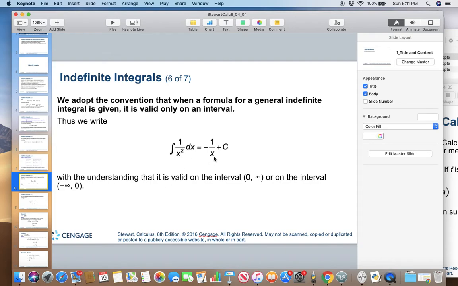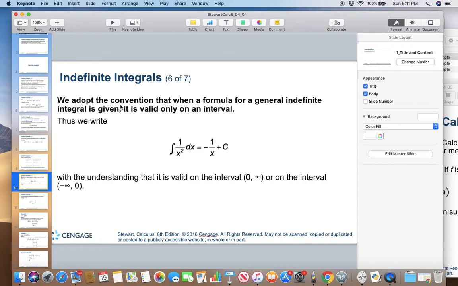Because 0 is not a valid input for either this function or this function. So you have to choose an interval on which this is valid. If you choose this, that's fine. It is defined here. If you choose this, that's fine. It's defined here. But you cannot define this on all of the real numbers, okay?